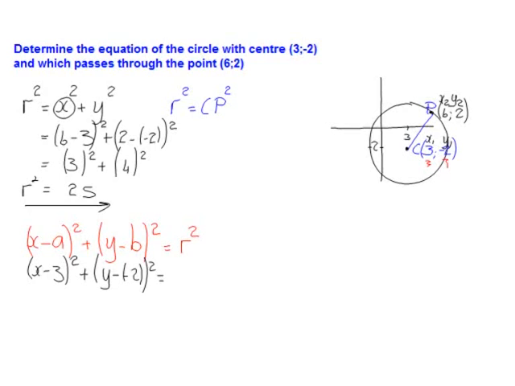We already worked out r squared. It's 25. Let me simplify a bit. y plus 4, because negative times negative is positive.